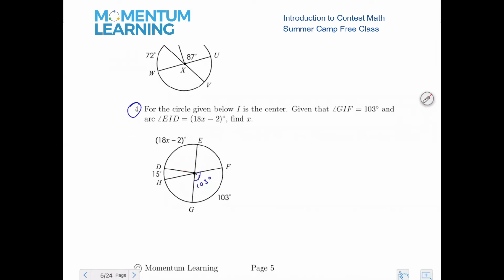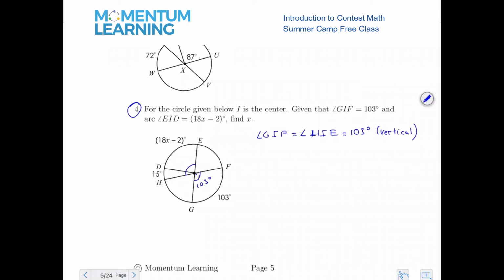But in the previous chapter, we learned that GIF and HIE are equal because of vertical angles. So GIF is equal to angle HIE, and therefore it is equal to 103 degrees. Again, vertical angles.